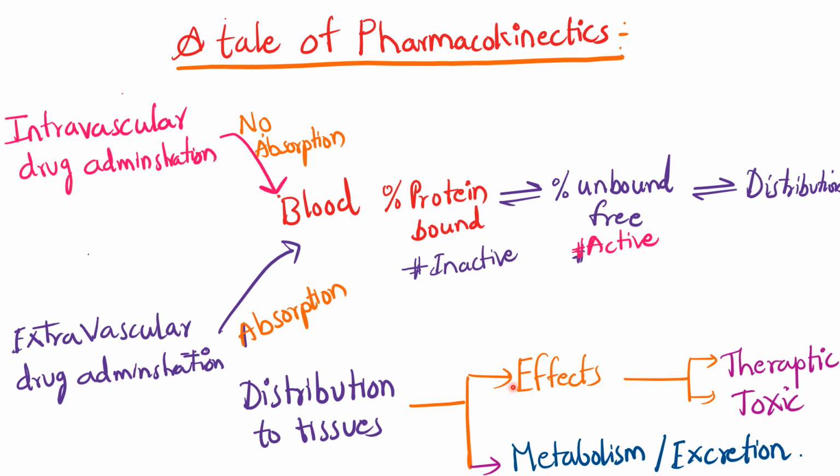From the tissues it shows the therapeutic effect, or if it binds for a prolonged time, it shows a toxic effect. After showing the therapeutic effect, it should be metabolized and excreted. After metabolism, it converts to water soluble and goes for excretion. The same thing happens whether you give it through the intravascular or extravascular route. But the difference is that in intravascular there is no absorption, whereas in extravascular there is absorption.